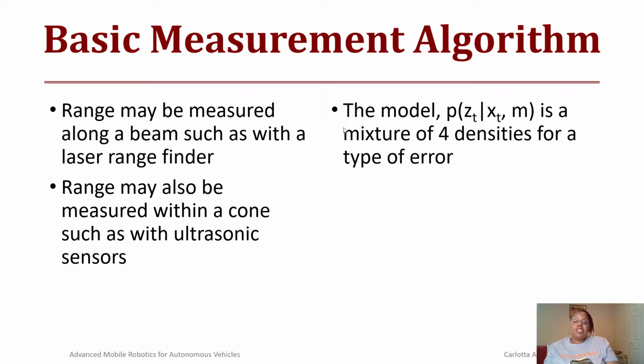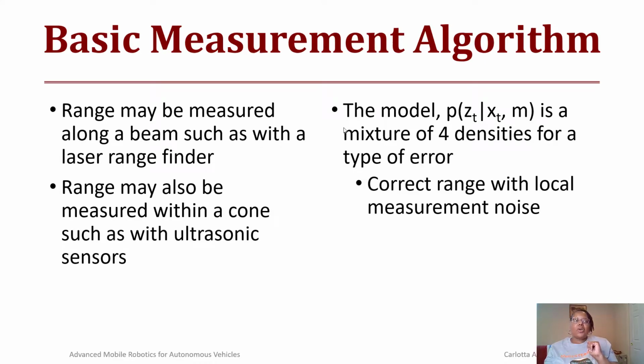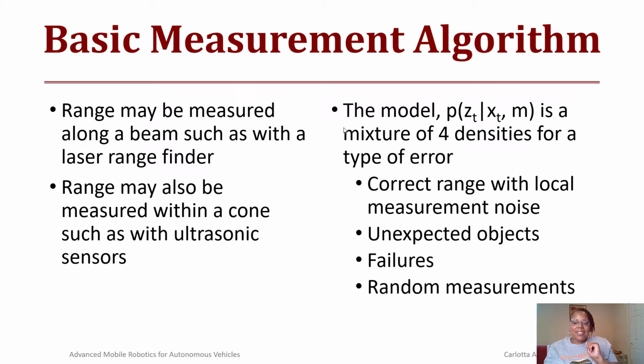And we're going to use this model, no matter what kind of sensor we have, where we think of each sensor measurement as individual or independent, given the robot's pose at that time and the map at that time, as a mixture of the 4 types of error that we just discussed here. So we're going to correct our range with our local measurement noise, and we're going to also correct it due to unexpected objects or just failures where it actually does not detect anything at all, or for these random measurements.